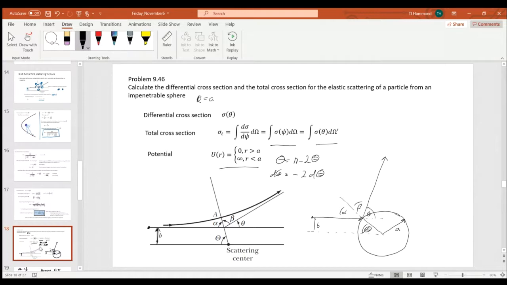So what we're going to have then is the distance is going to be some infinite far distance away. It's going to come to some closest approach here, where that distance is going to be some r min, and that's going to be a, and then that's going to scatter away up to infinity, right?